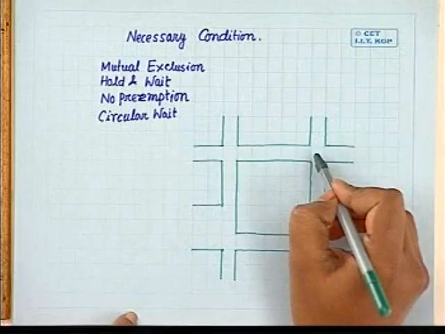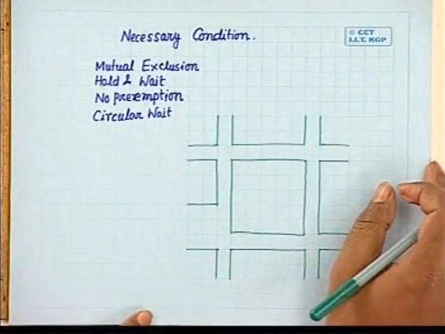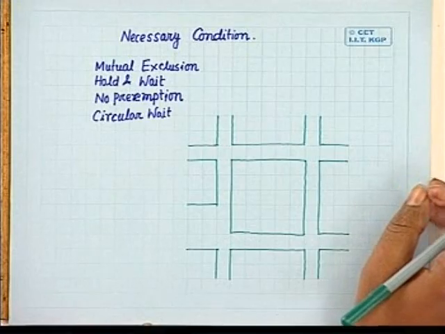So these are four roads, and these are the junctions. And in every road, the traffic can move only in one direction.